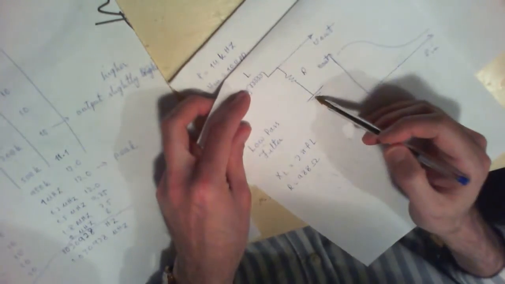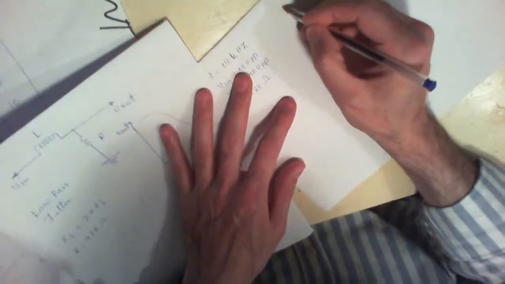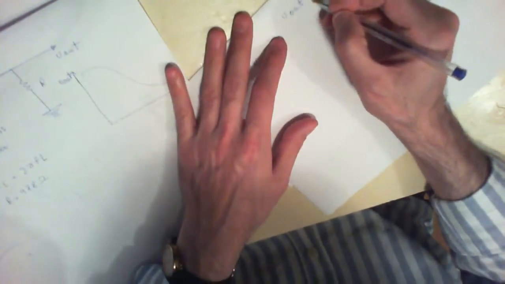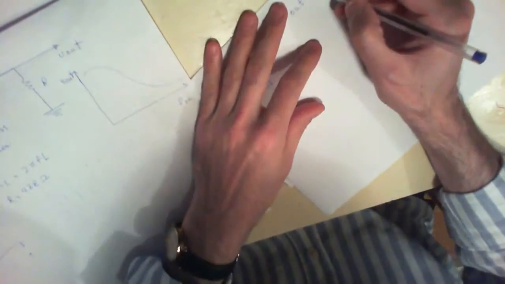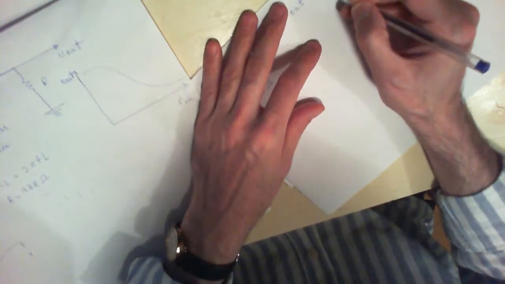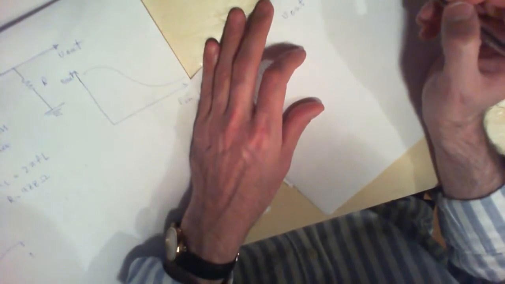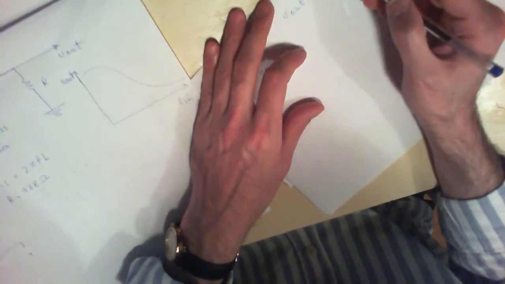Now if you want to calculate the output, the voltage across this resistor, V out is equal to the resistance of that resistor over the impedance of the circuit times V in.